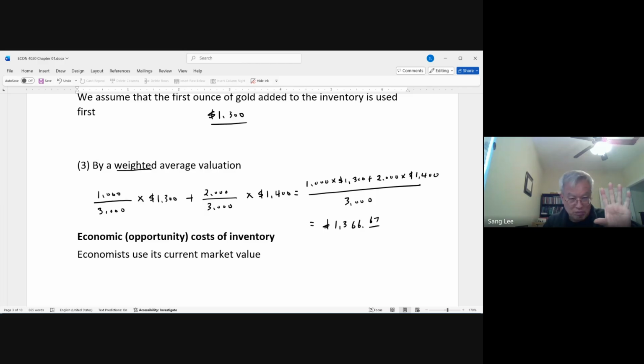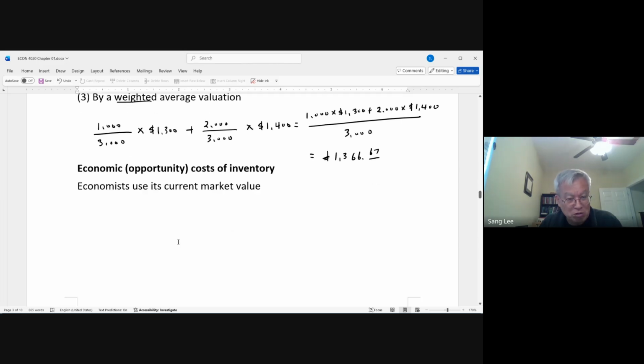So this is a better measure of the accounting cost of inventory. Okay, so there are three ways. Now if you are a jewelry shop owner, and you decide to use a certain amount of gold to make rings or necklaces, then before you decide how much to charge, you need to understand the true cost of the gold you are about to use.